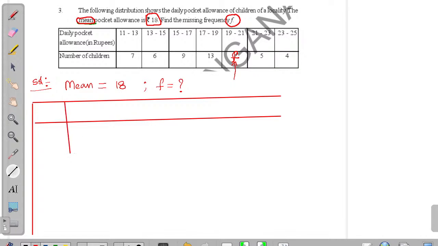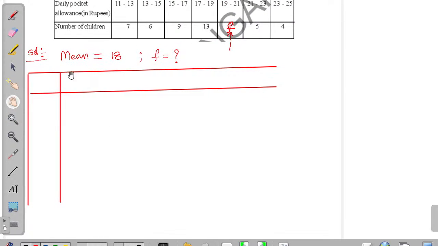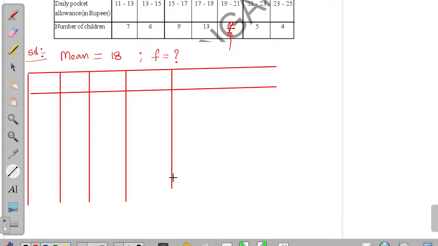First one is class interval, second one is frequency, third one mid values, fourth one di values, fifth one ui, sixth one fi ui.